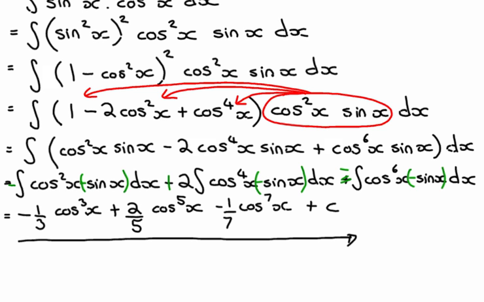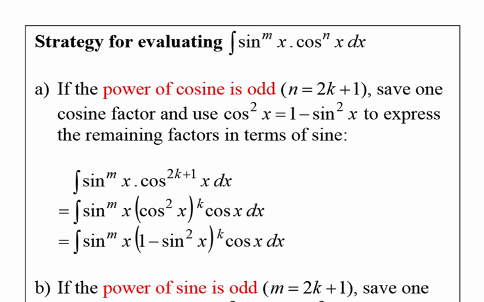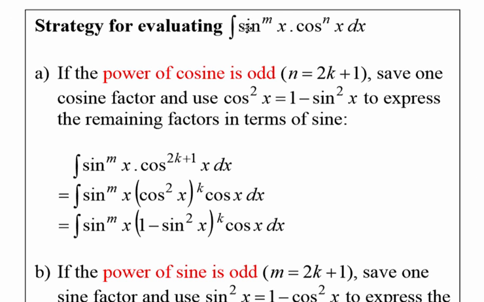Right, so we've now had a look at how we can handle this, but let's generalize our rule. So let's look at our strategy for evaluating the integral of a product of a sine power and a cos power. Now, very important, if the power of cosine is odd.